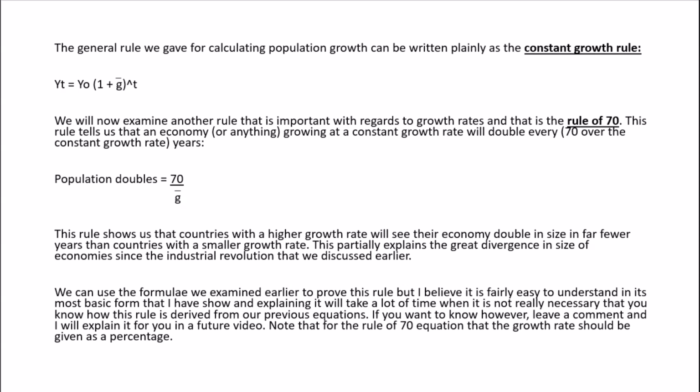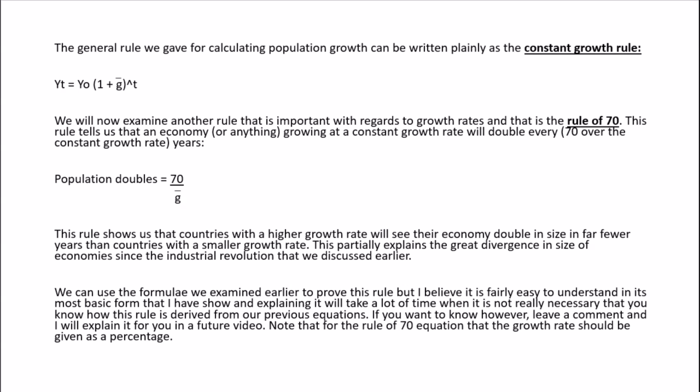It's not necessary, but if any of you want to know how we got it, I have a sheet that I got from the lecture saying how we did it. If you want to know, just put it in a comment and I'll do it in another video.